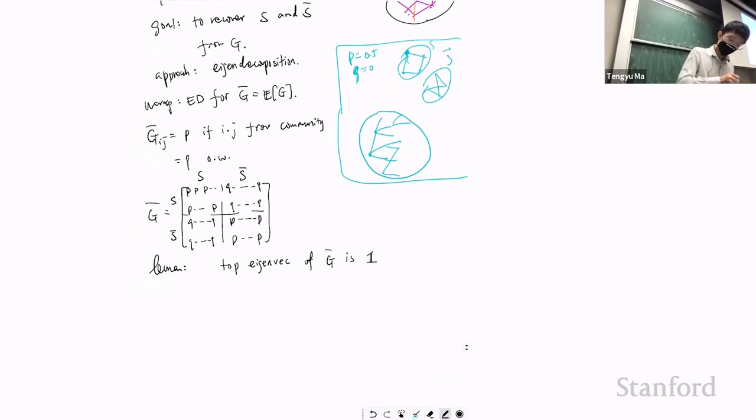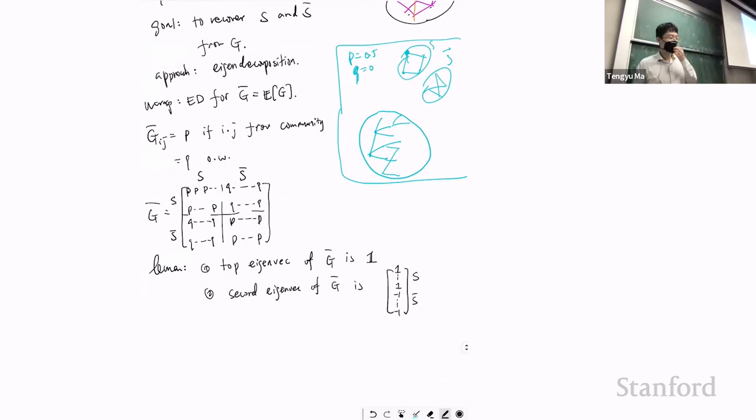And the second eigenvector of G bar is interesting. It is the vector where you have 1 on the coordinates in S and -1 on the coordinates in S bar. So basically, if you get the second eigenvector of G bar, you solve the problem because you can read off the community membership from this eigenvector. That's the claim.